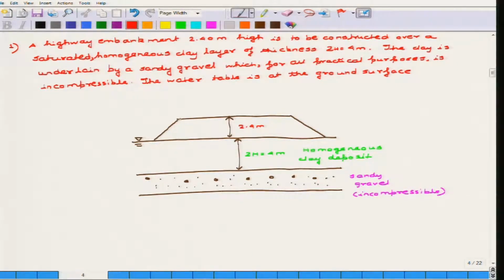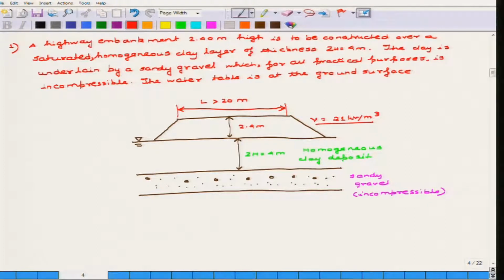The length, as described in the figure, is greater than 20 meters, but this is not of much importance, because we are only interested in the depth of the embankment. And one more thing that is given here is the density of the embankment, which is given as 21 kilonewton per meter cube.